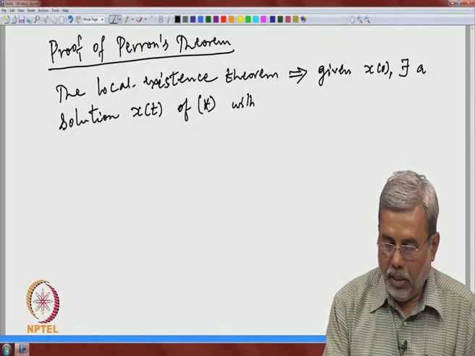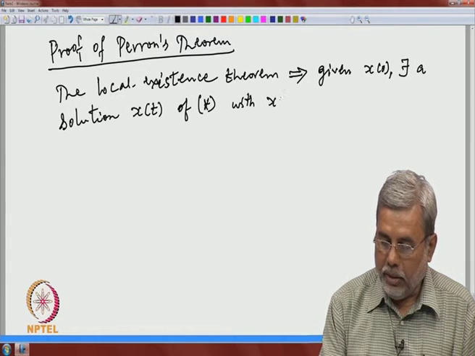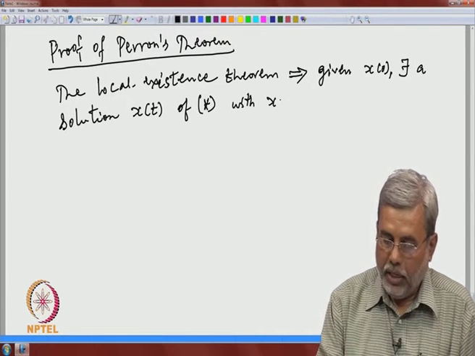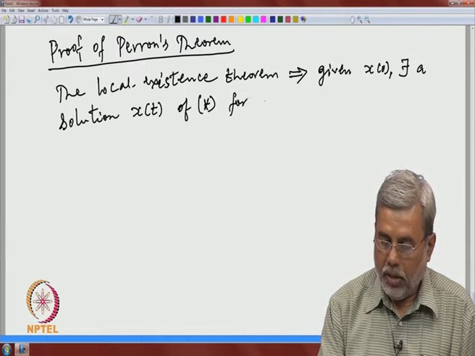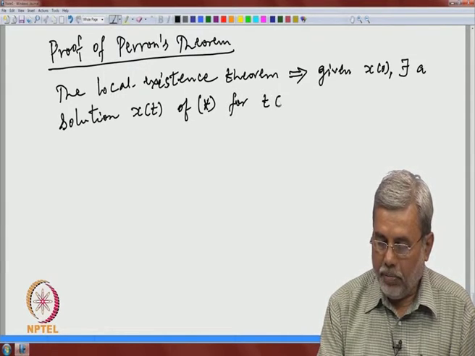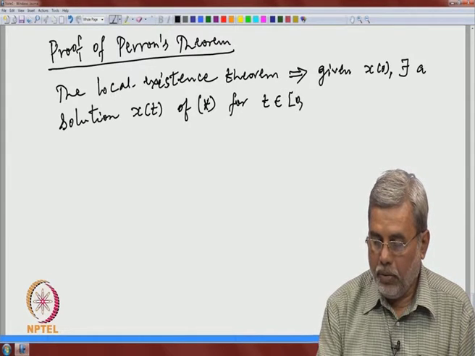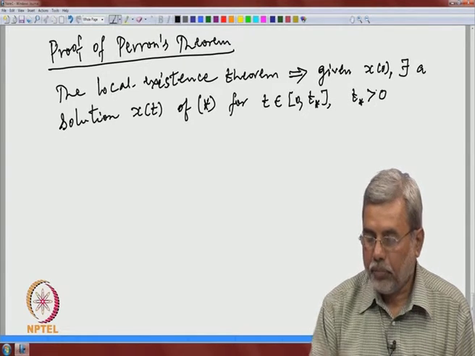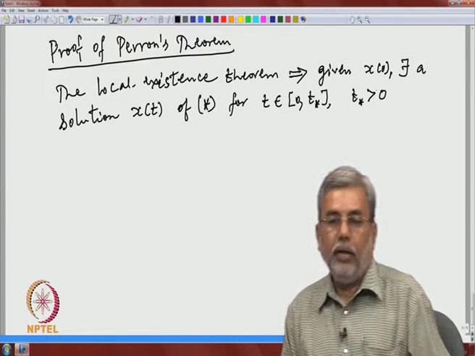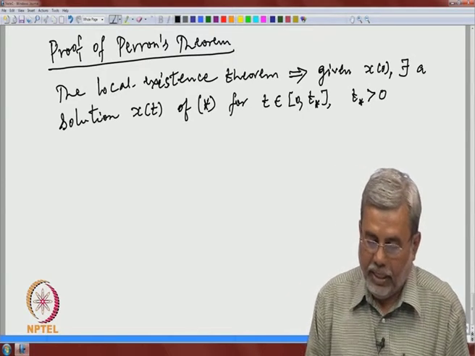Let me indicate that x(t) of star with x 0 exists for some time t in (0, t star). So, t star is positive. That is always guaranteed.